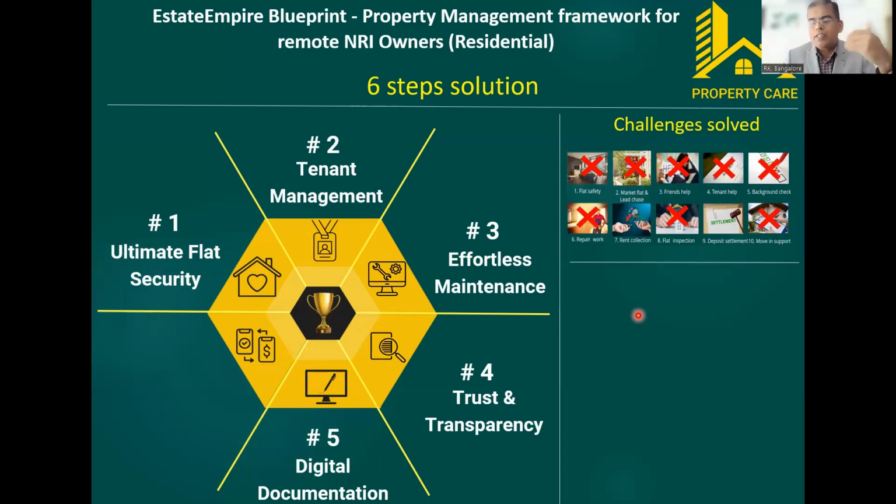We will scan it and send it to them, and they will sign it and send it back. For example, for a tenant agreement there is a statutory obligation to sign on e-stamp paper, which is not readily available as a soft copy from the government. So we take that hard copy, print it on the stamp paper and get it signed.